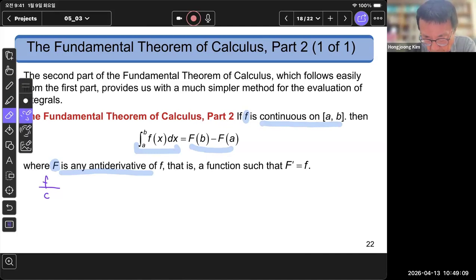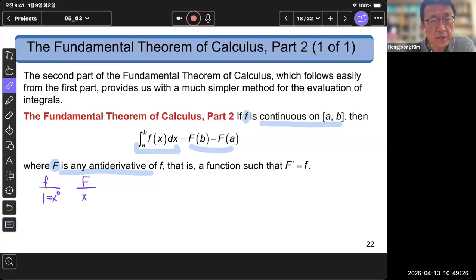For example, if I have a 1, which is x to the 0th power, then the antiderivative was just the function x.